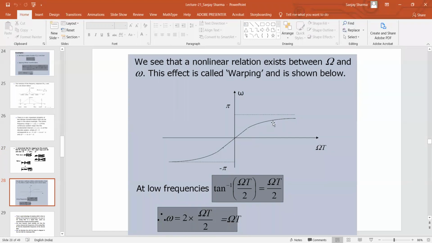But when the frequencies increase, you see there is a suppression. The digital frequencies are being squeezed inside.